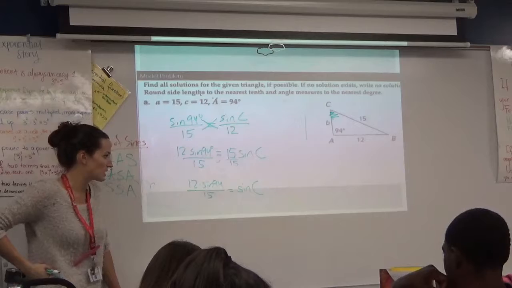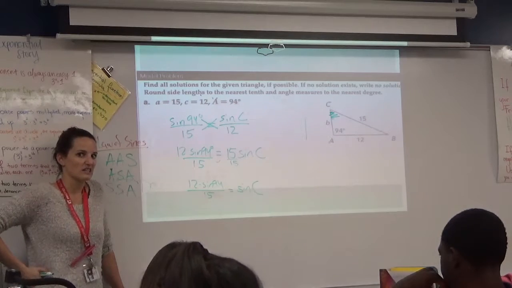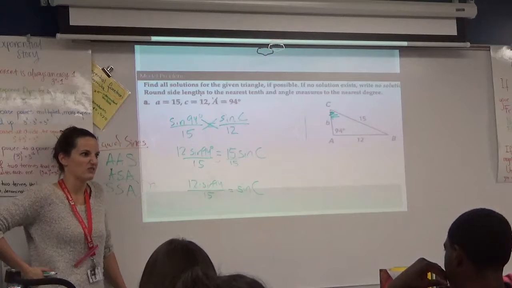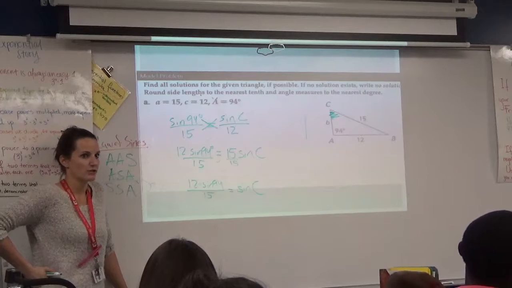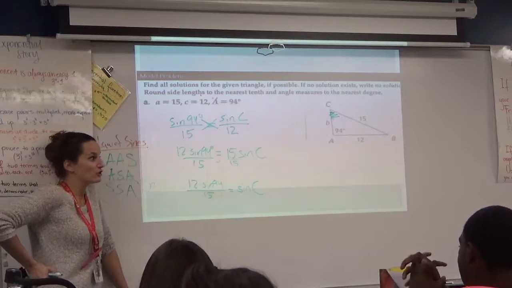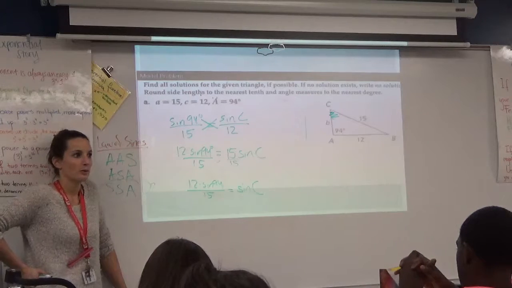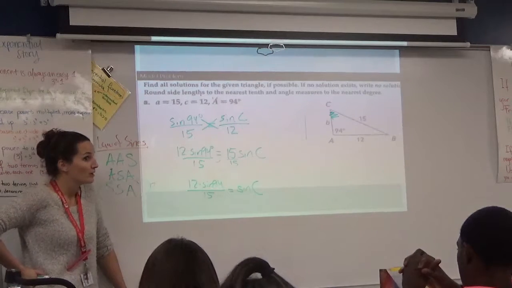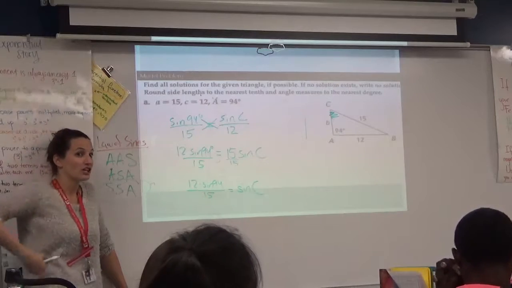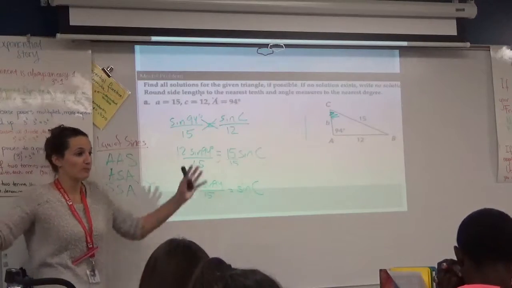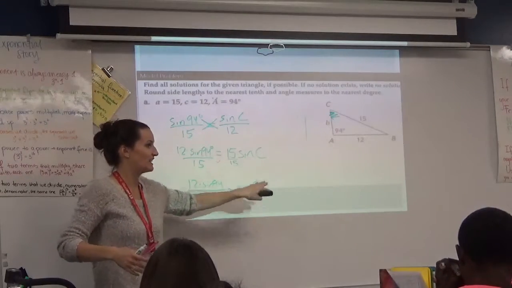Now this is interesting because C is stuck inside of sine, right? We haven't solved for C yet. Is C an angle, this big C? Is it an angle or is it a side? Remember, we're solving for an angle, so good thing, because on Monday we learned how to work backwards whenever we want to find an angle.